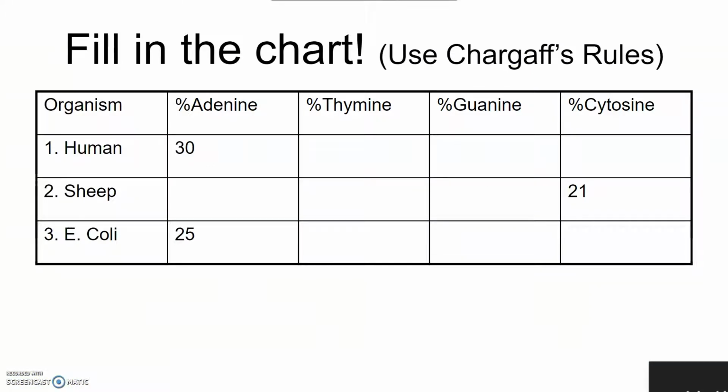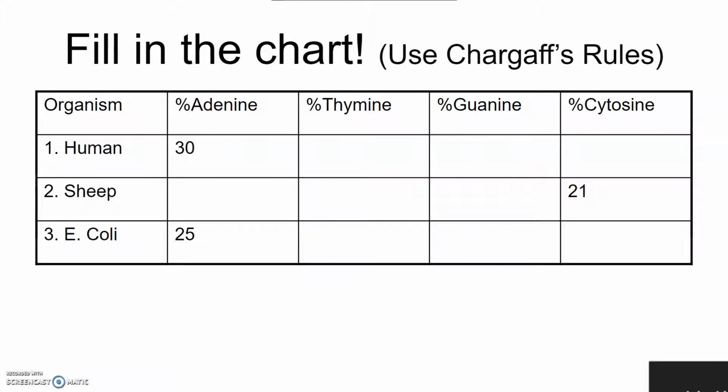Remember we talked about Chargaff's rules and I said A equals T and G equals C. So if I have 30% adenine like for a human, then I know that A equals T. Whatever A is, T must also equal the same amount. So if A is equal to 30, T is also equal to 30. When you add 30 and 30 together, you get 60%.